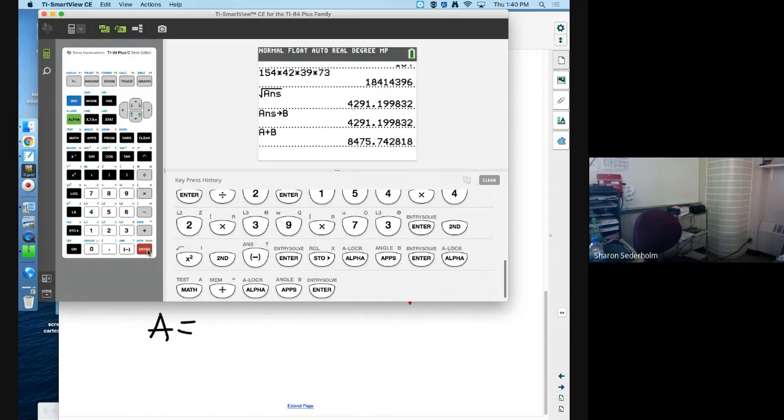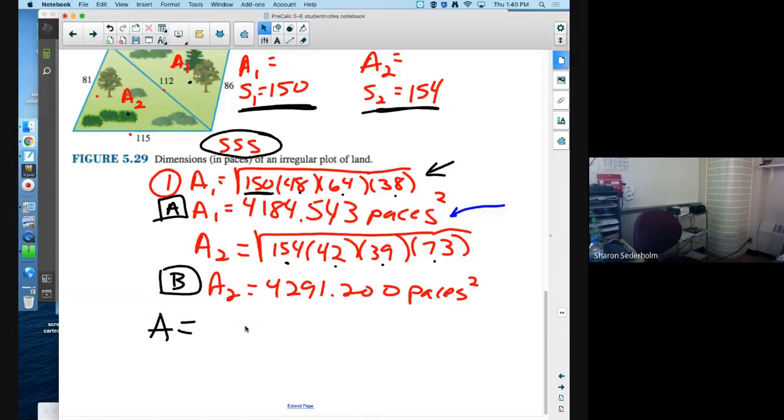So there's the area of, well, it's not a parallelogram, it's just a quadrilateral. That's what we're looking at there for that space. So we have 8,475.743 square paces.